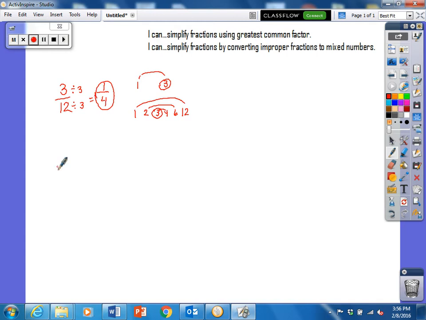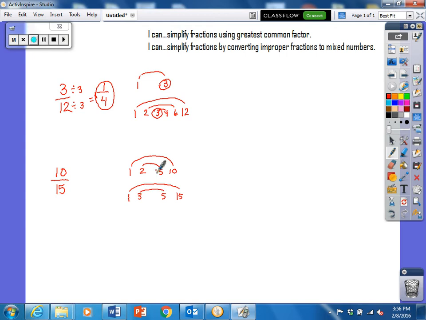Let's try another one. Let's do 10/15. Okay, again, factor rainbow, 1 to, oops, sorry, 1 to 10, 2 times 5, okay, and then down to 15. 1 times 15, and 3 times 5.